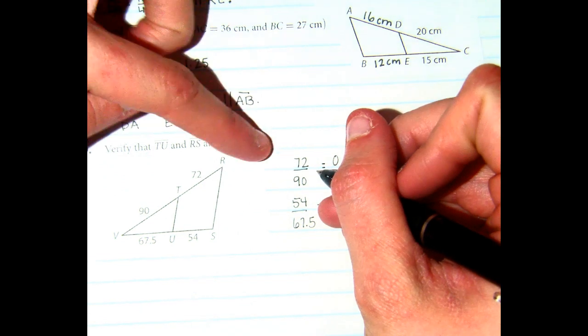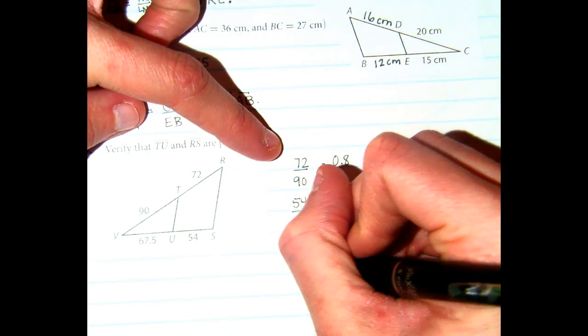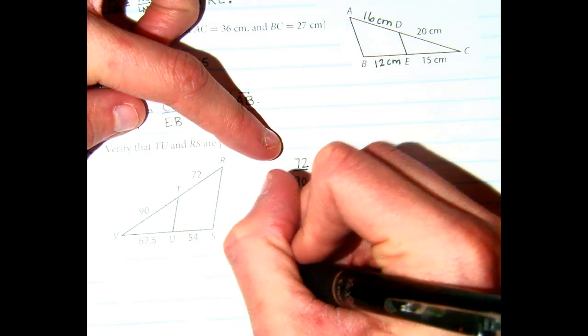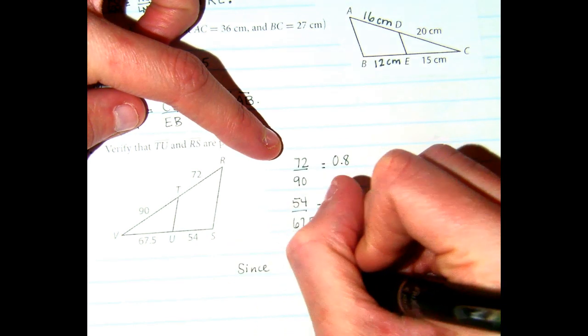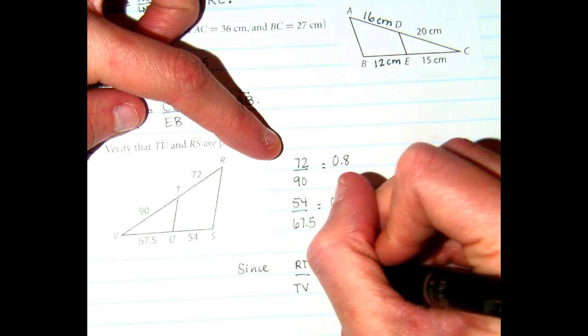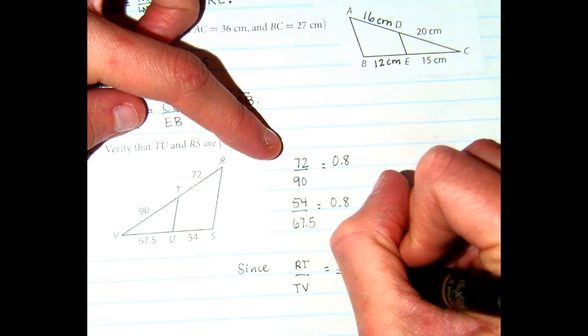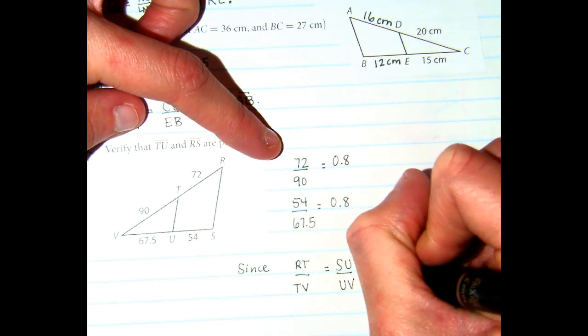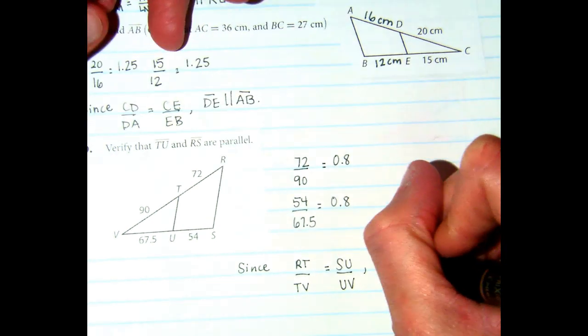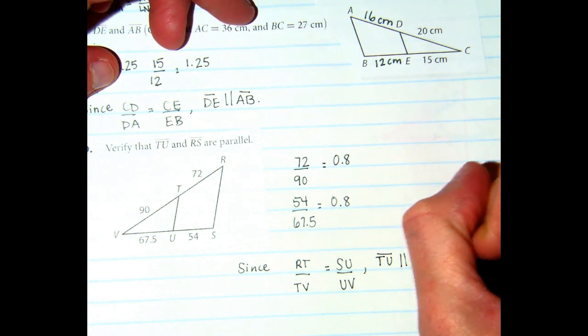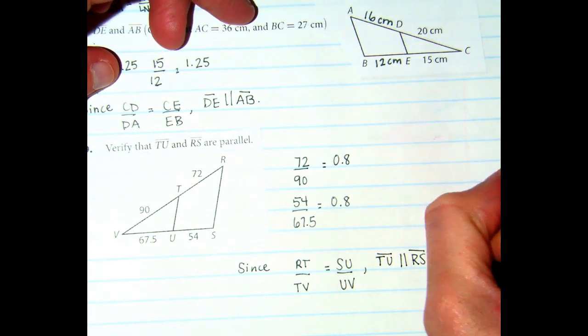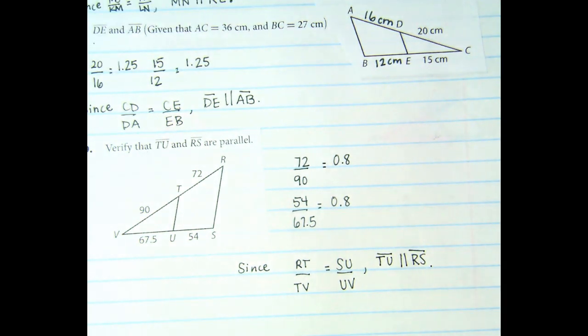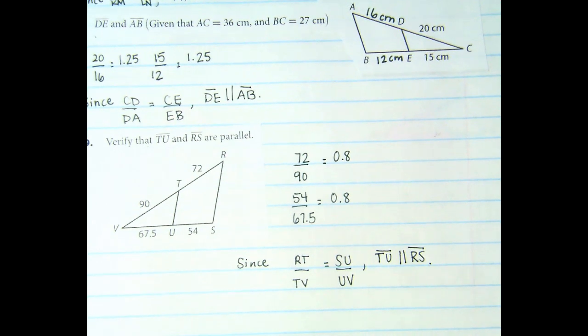I'm going to go by what we have here now, RT, since RT over TV is equal to SU over UV, we know that TU is parallel to RS. Notice it did say verify, not prove or disprove. That's why they should have been parallel.